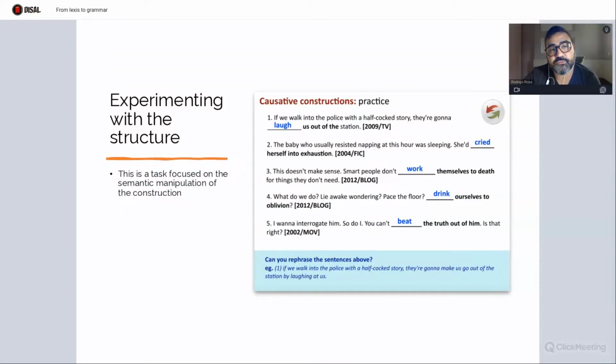Because if you take a look at the first one, if you walk into the police with a half-cooked story, the original answer is they're going to laugh us out of the station. But I could have said beat, right? They're going to beat us out of the station. Yeah? And then we would obviously mediate this discussion and say which ones were possible, which ones were not possible, and why these are not possible.